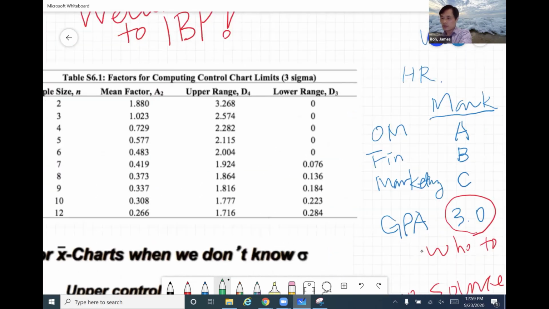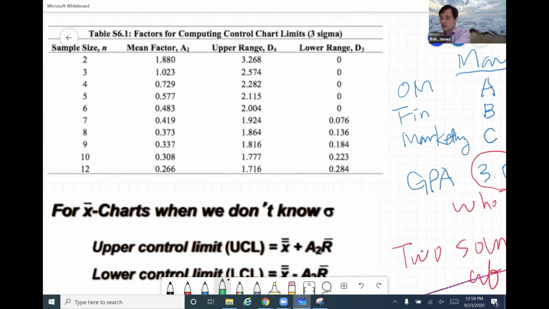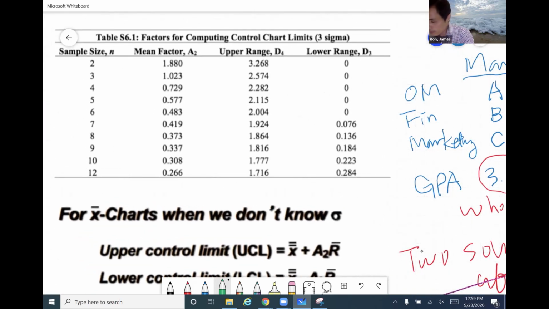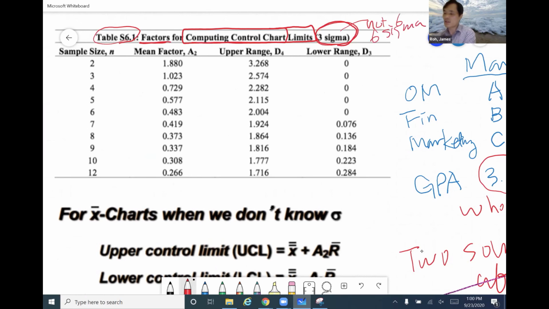So we have table 6.1, and this is the table that management scholars built to calculate statistical process control charts. These are factors for computing control chart limits, right? And it's 3 sigma, not 6 sigma, and covers 97% of that.